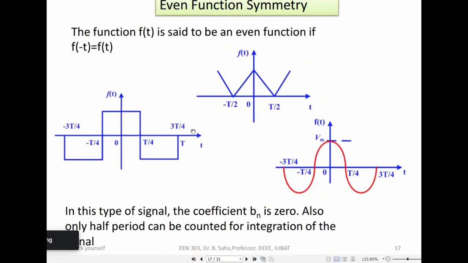Before that, everybody should write down why you need to study even function symmetry and odd function symmetry. Write down this question. Have you written?